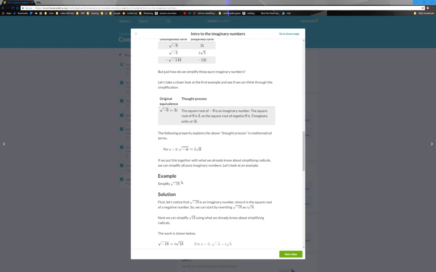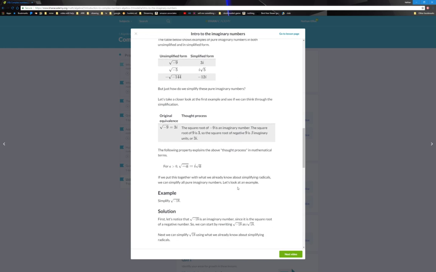Alright, so here's an example. Simplify the square root of -18. Well, we know that 18 is greater than 0, so that works. So we take the imaginary unit times the square root of 18.